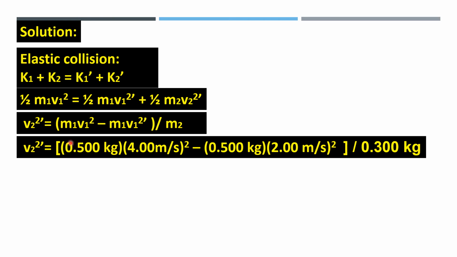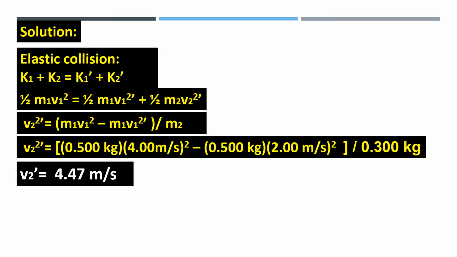All of this inside the bracket will be divided by the mass of the bigger mass, I mean the particle B, whose mass is 0.300 kilogram. Then, simplifying and doing your algebra, we will get the value for V2 prime, which in three significant figures is 4.47 meters per second.